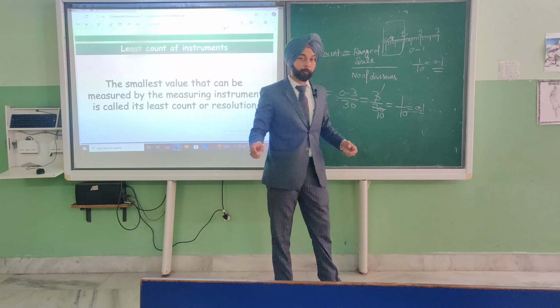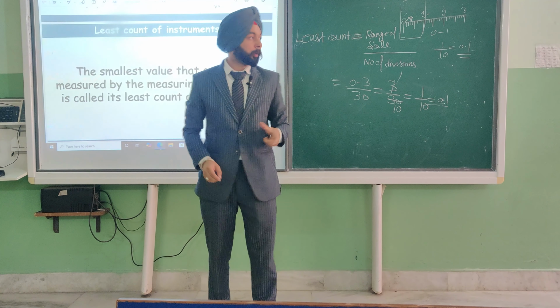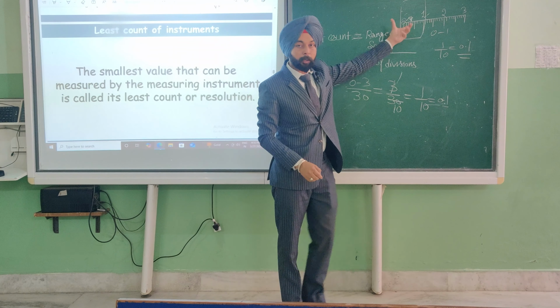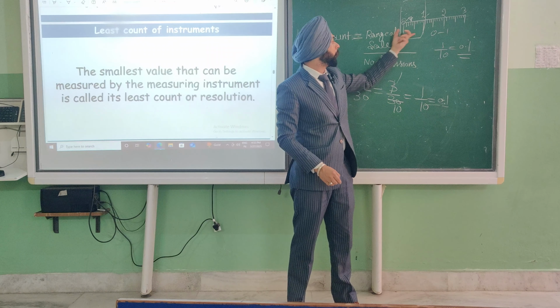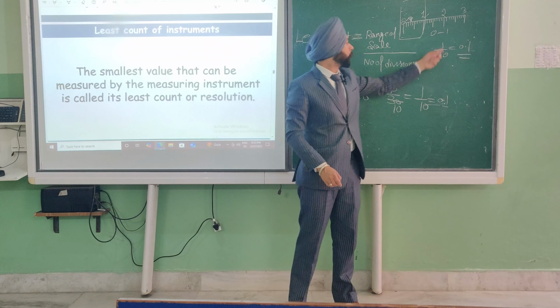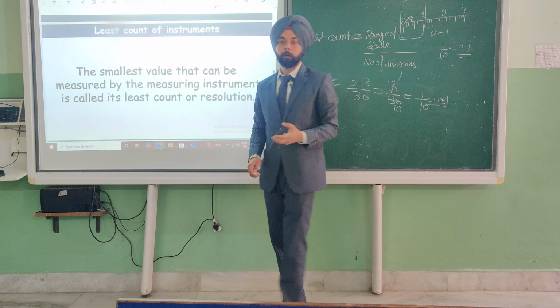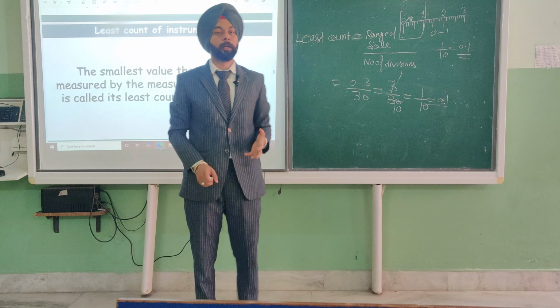You take the first scale and focus on it. As soon as you focus on the first scale, meaning 0 to 1, you know the number of divisions is equal to 10, so 1 upon 10, you can find 0.1 is the least count.